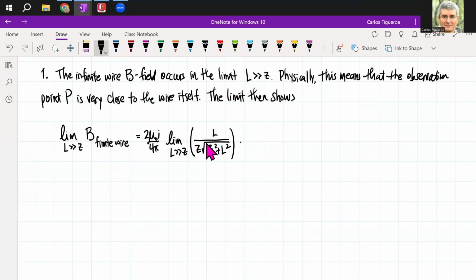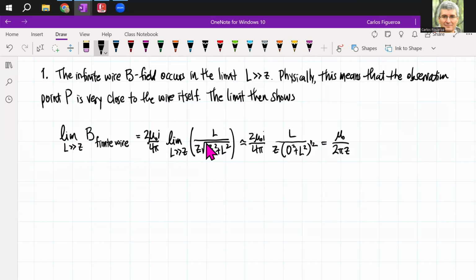So in other words, I can approximate this and write this as mu naught I over 4 pi, times 2, times the square root of 0 squared plus L squared, that's to the 1/2, and then I have L. You can see here that the L's are going to cancel out. And the result is that I get a value that reads mu naught I into 2 pi z.